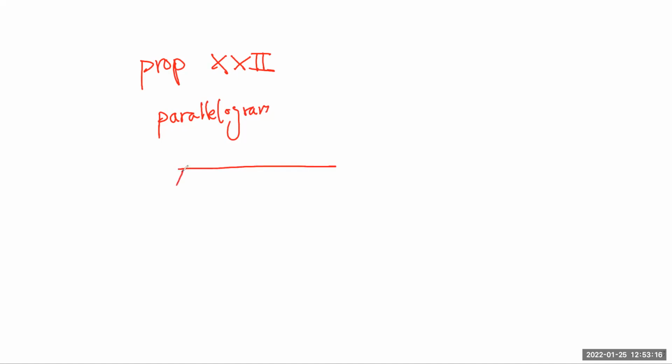Now we're talking about the properties of a parallelogram. So we say proposition 22, and what's given is a parallelogram. And we've got a parallelogram with AB and CD.